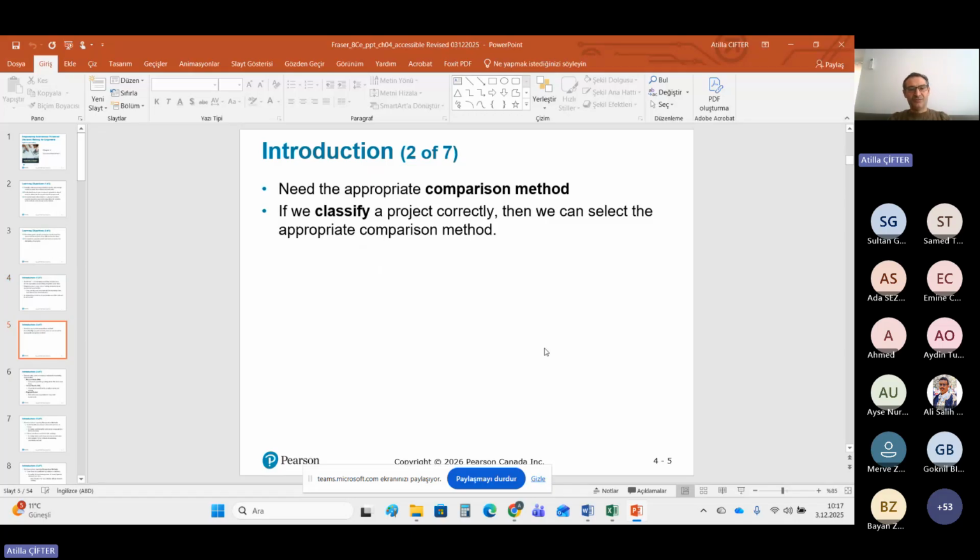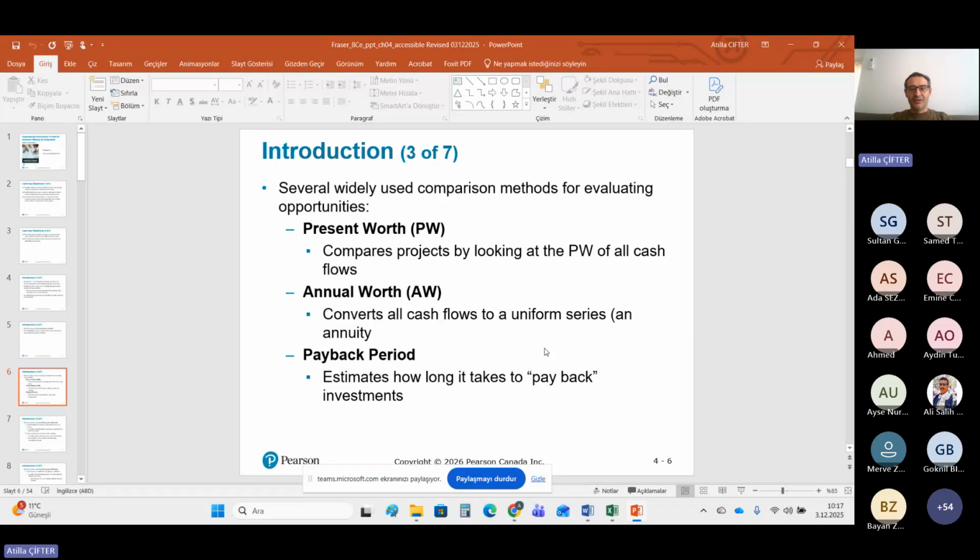Okay, so if we classify a project correctly, then we can select the best option, which is the higher return, by using this method. We have a few comparison methods to evaluate the project. We have present worth analysis, which we will see today.